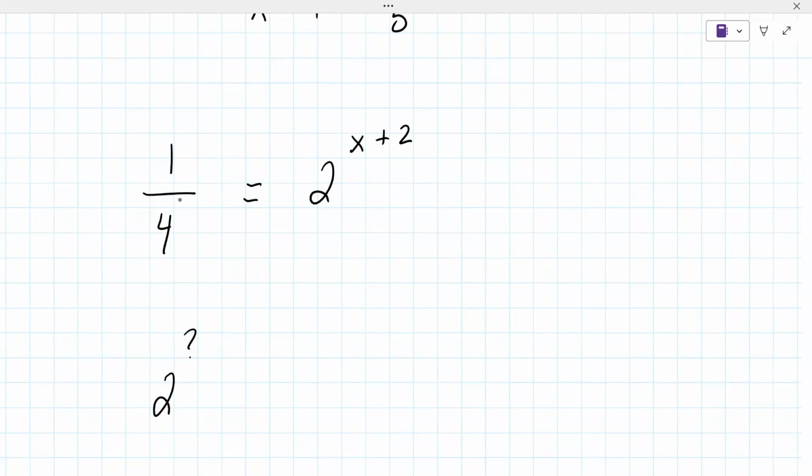Oh, okay. I remember we just did this. So 4 is 2 squared. Good. Would it be 2 to the negative 2 over 1? Yeah, or just -2. Just the -2. Okay.